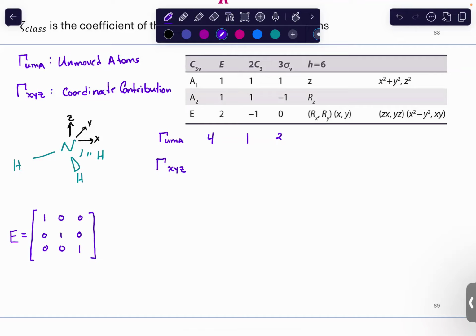Do you remember how to do that? The trace is going to be down the diagonal. 1 plus 1 plus 1. The trace of E is 3. So that's the first element of that gamma.